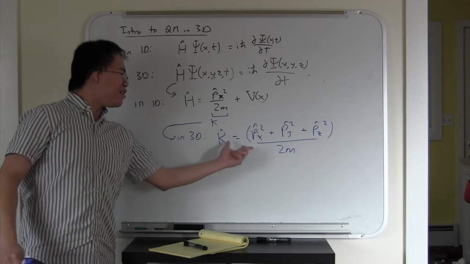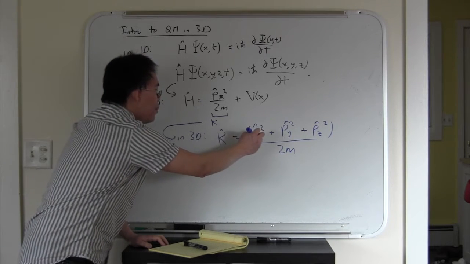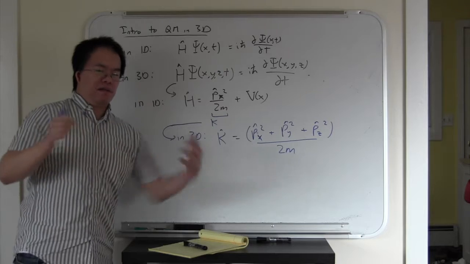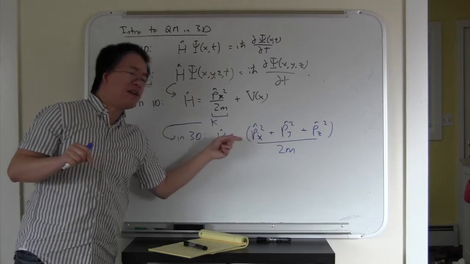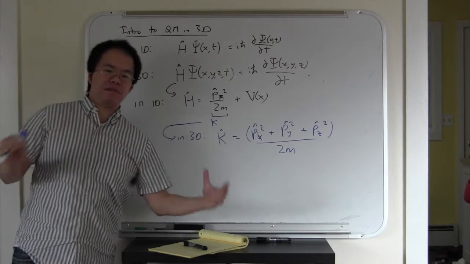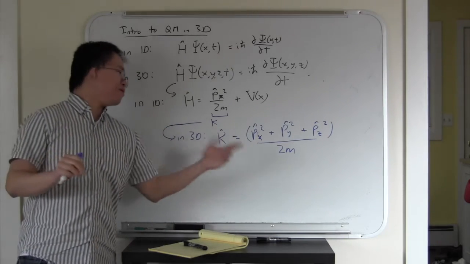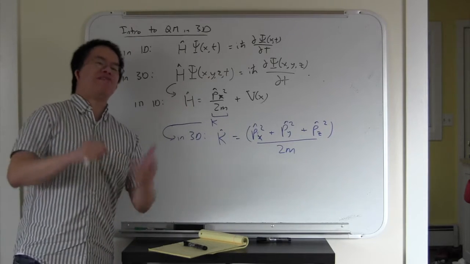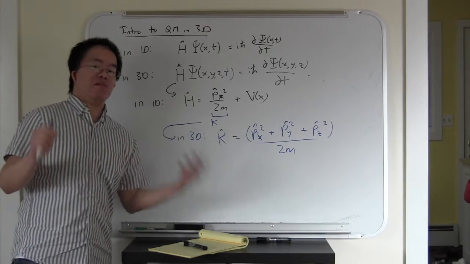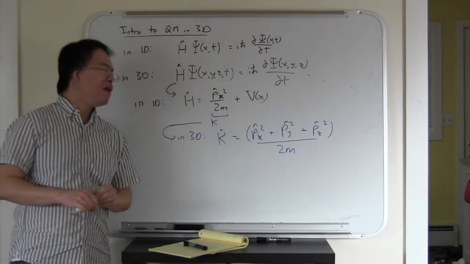Hopefully this is at least plausible, and that the thing upstairs is the magnitude of the momentum if we were to replace the classical expression for momentum with the associated operator.